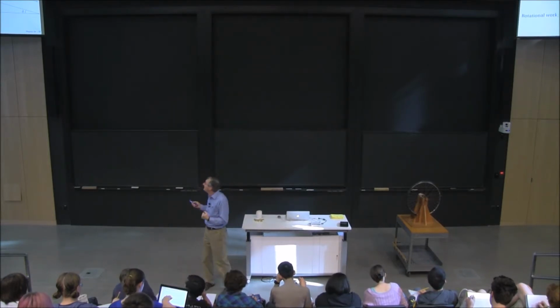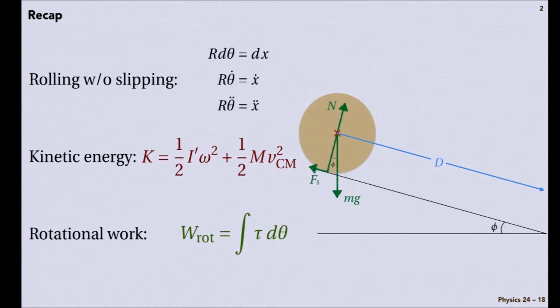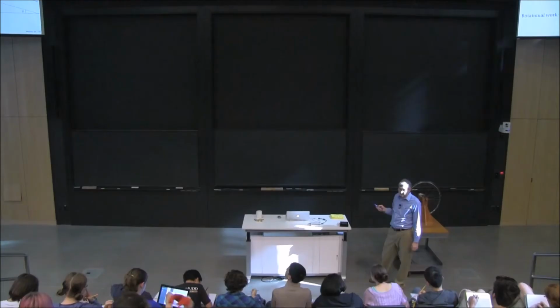Okay? And then we saw that we had an expression for rotational kinetic energy about the center of mass. And so therefore, if we're worrying about a rigid object, then the kinetic energy may be expressed this way always.